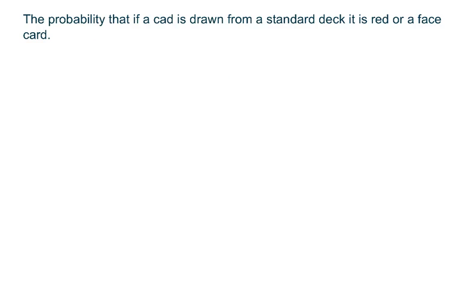All right. The probability that a card drawn from a standard deck is red or a face card. So if it's red, there are 26 red cards, and there are 12 face cards, but we have 6 face cards that are red.